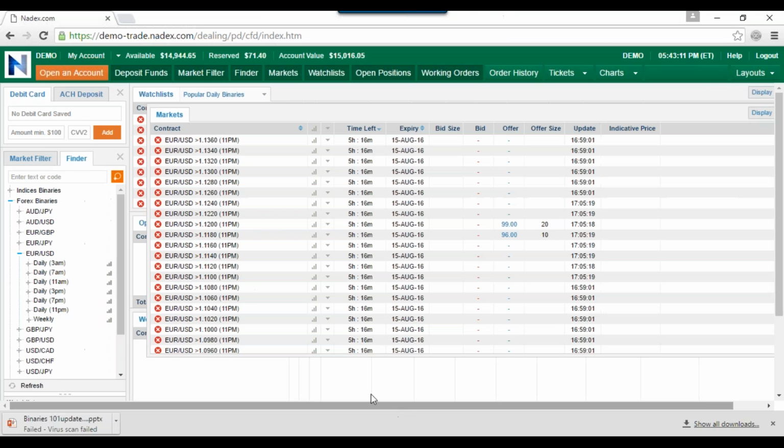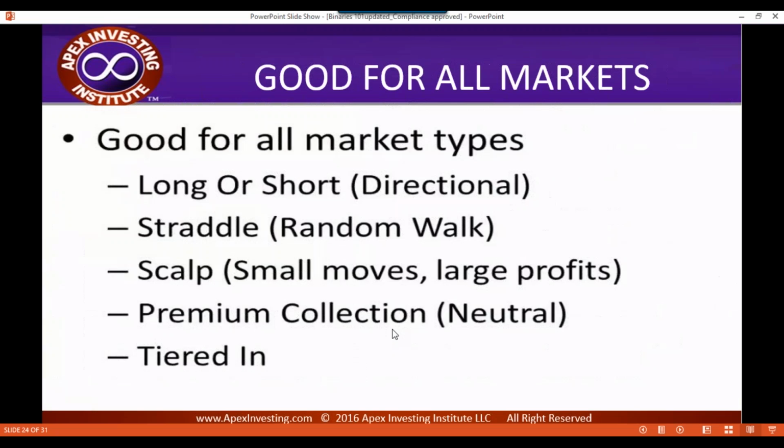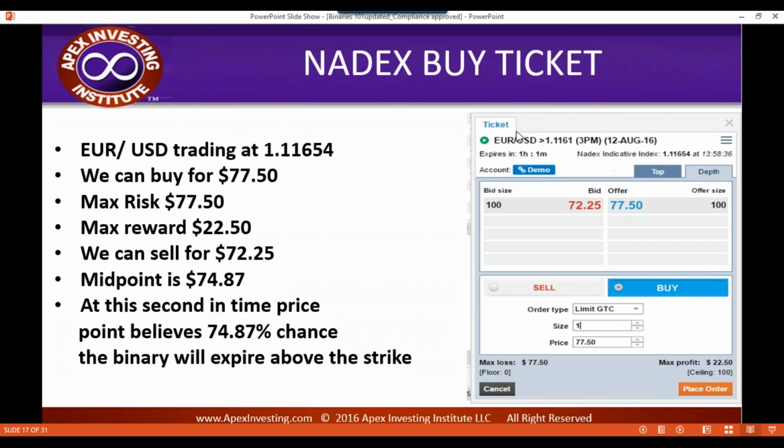Let's just say, and it's tough for me to show you since the exchange is closed right now, but let's just say, for example, let me go back up here real quick. All right, let's say that I'm looking to buy, okay? So I think the market's going up, and I want to buy this strike price right here, 1161. Right now I can buy it for 77.50, right? That's the listed offer that's out there.